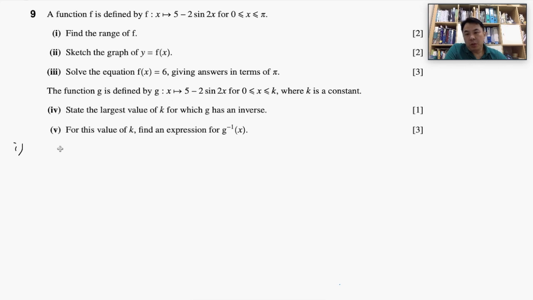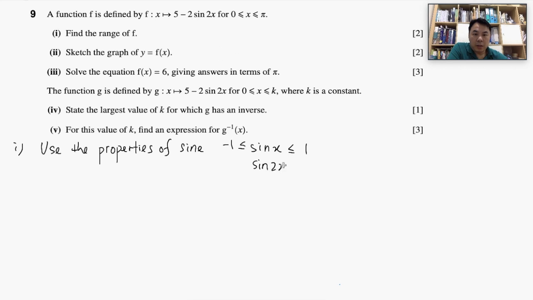Now I'm going to use the property of sine, where we know that sine x is lying between 1 and negative 1, and in this case sine 2x is also lying between 1 and negative 1.